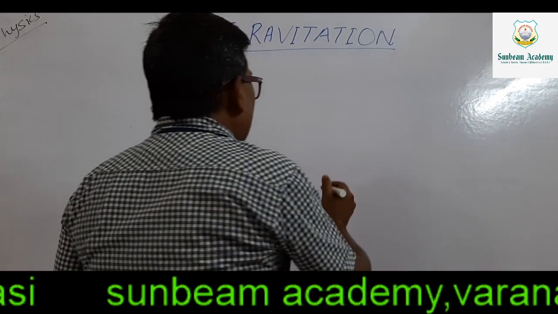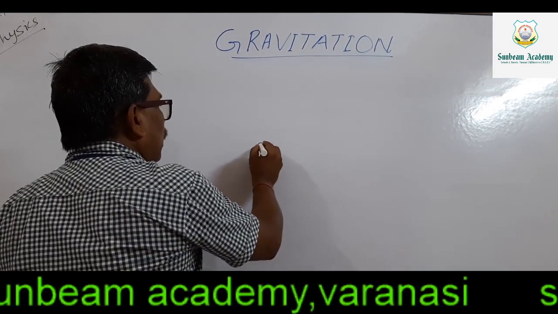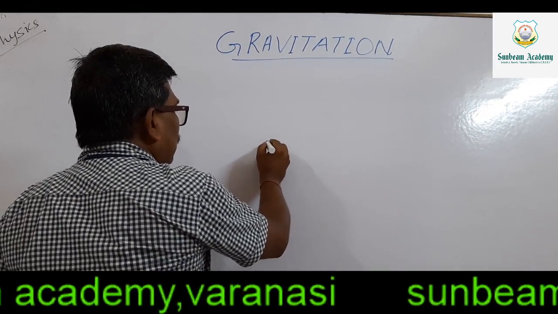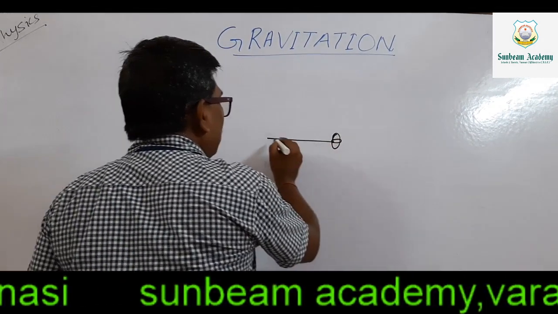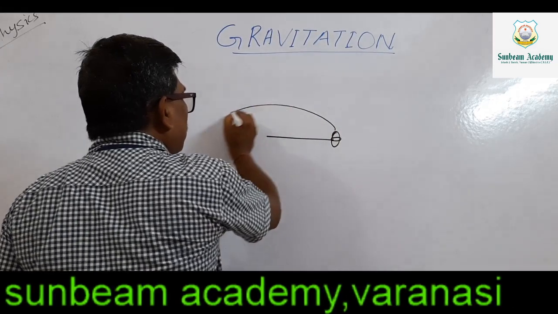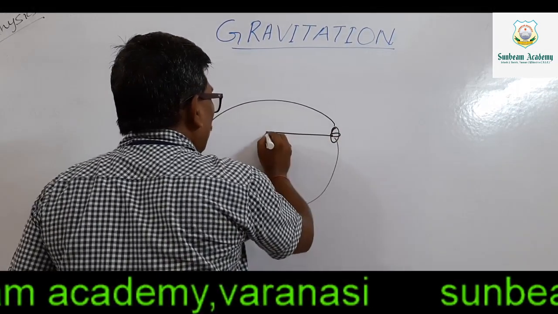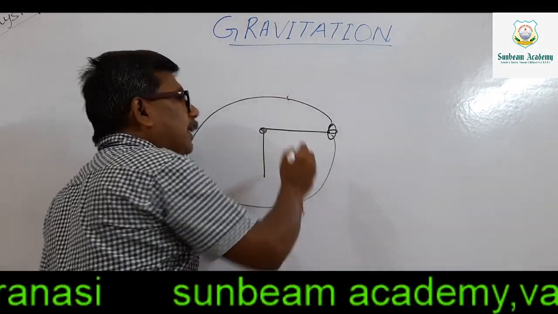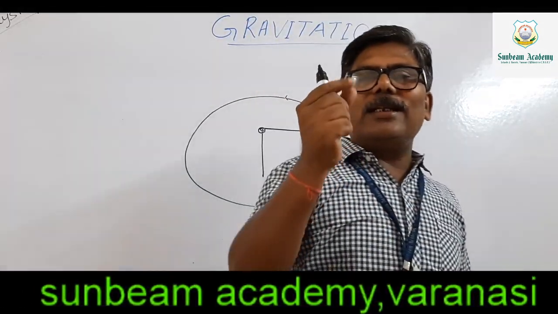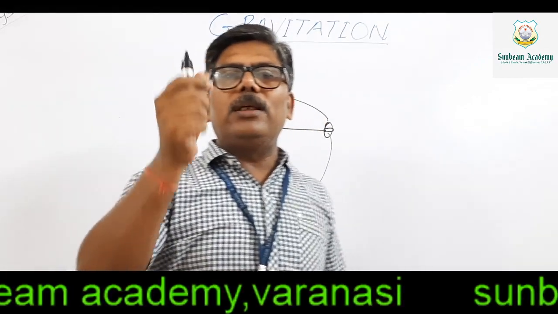Now consider, take a thread and tie one stone to that thread and try to revolve it by holding it in your hand. What you will see, you will experience a force at the tip of your thumb.